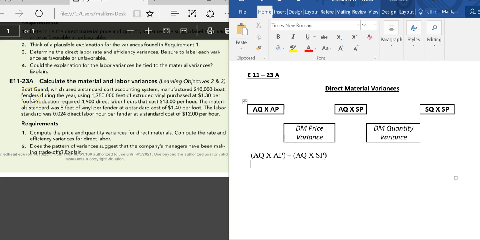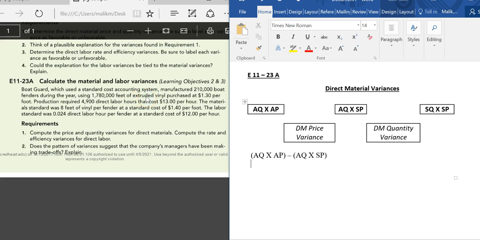That's our final product, and for this product we actually need this extruded vinyl. So the actual quantity is 1,780,000 feet of extruded vinyl, which is our direct material.